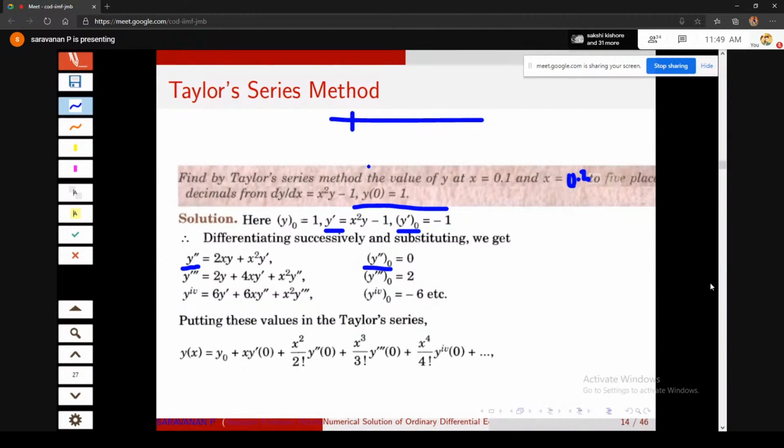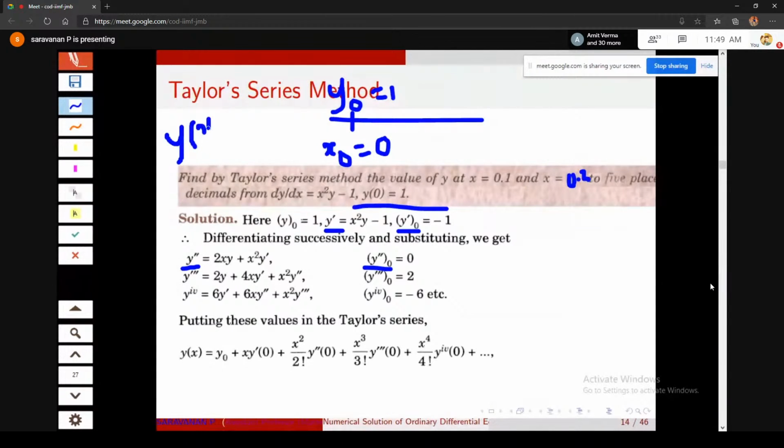No. At what value is the value of y given? Sir, 1. y at 0 is given. Therefore, x0 is 0. The value of y is 1. So y0 is 1.